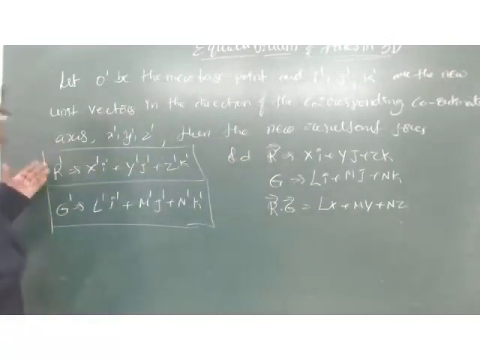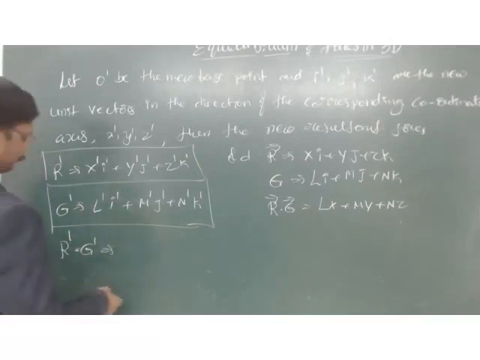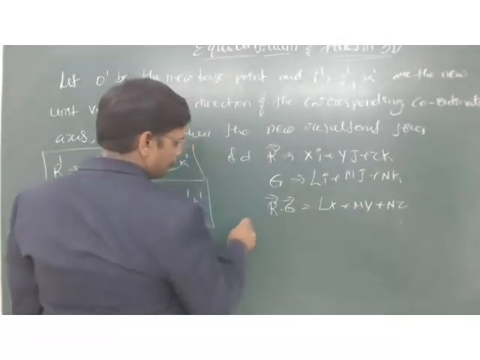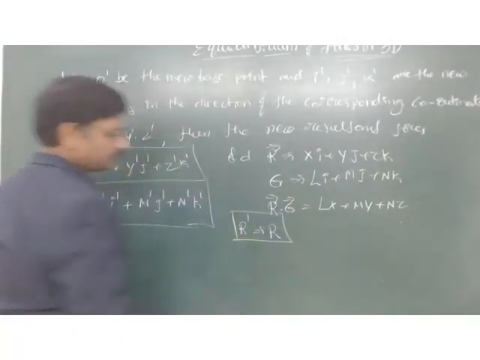So here also if you try to prove it, R dash dot G dash equal to, so R dash equal to R, we know that, right?